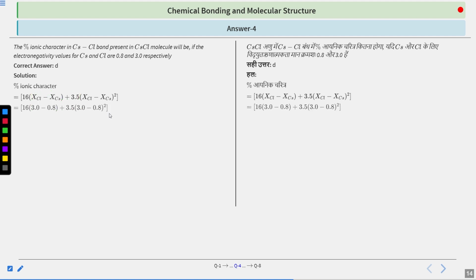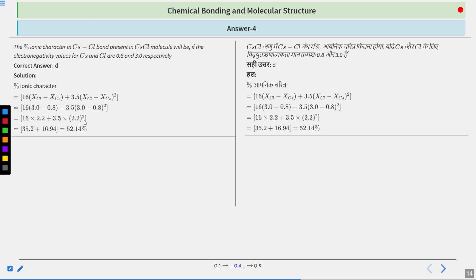If you just put in these values, 3.0 and 0.8, the calculation will give you 52.14. So this is your percentage ionic character. Very easy to solve. Just put in the values and you will get the answer. Now moving on to the next question.